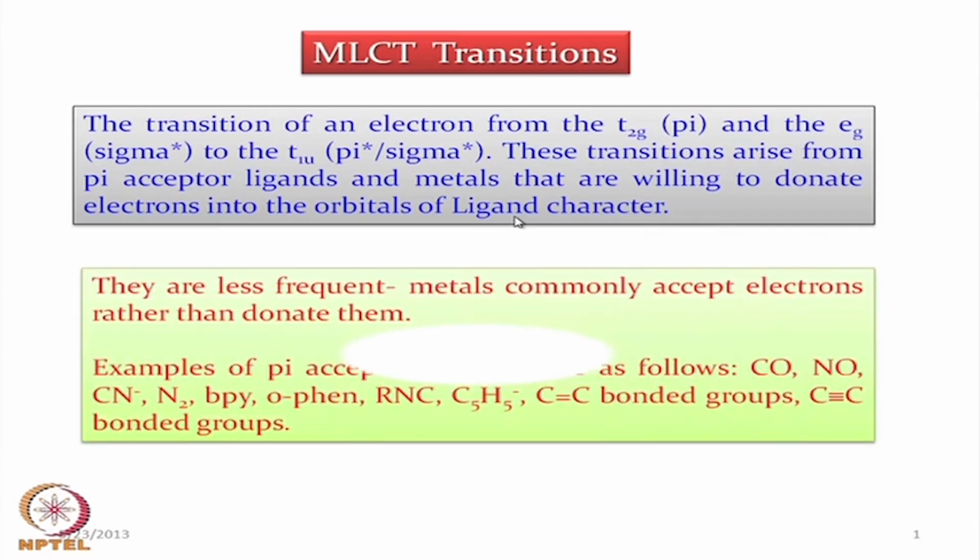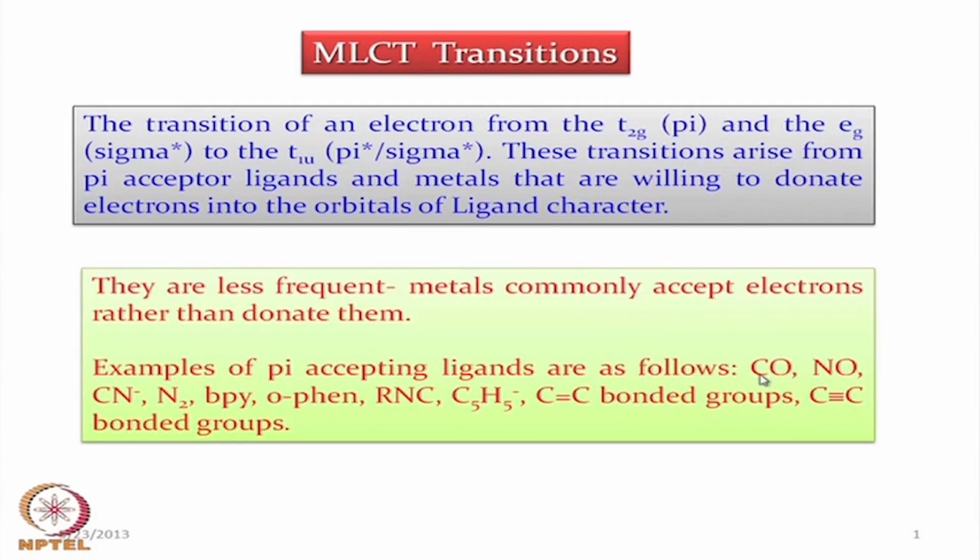Next we will see that there are certain metal centers which commonly accept electrons rather than donate them. Examples of such pi accepting ligands are those which can stabilize metal complexes in low oxidation state.